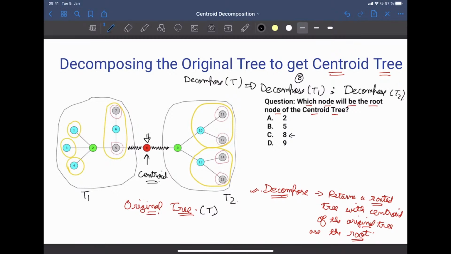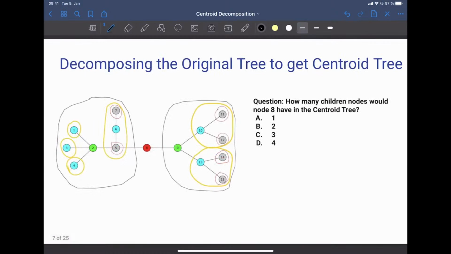You have a forest of trees now. You call decompose on each of the individual subtrees. Again, the decompose method returns the rooted tree with the centroid as the root. But now the decompose method is called on T1, so decompose T1 will return a rooted centroid tree with the centroid of T1 as the root.